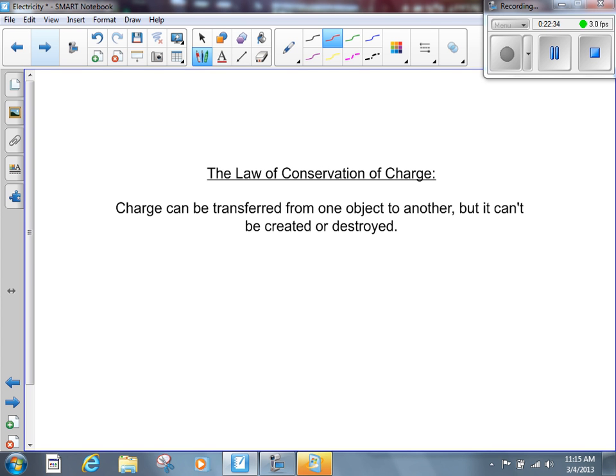Mass can't be created or destroyed. The law of conservation of charge. Charge can't be created or destroyed. You can move it around. And we saw just a minute ago, right, when the bubble hit the static ball, charge moved. When the pop can came close to the static ball, charge moved. Charge moves. You just can't create it, and you can't destroy it.